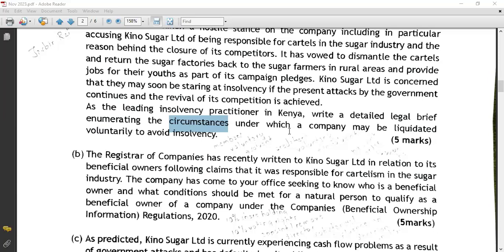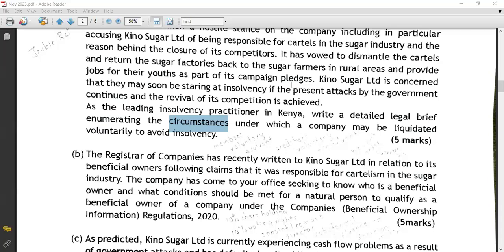And how you have answered it does make sense. It doesn't make reference to the types of voluntary liquidation. It refers to the circumstances for when voluntary liquidation applies.